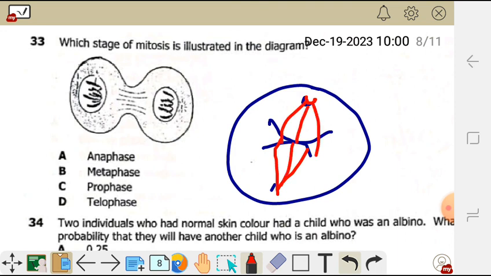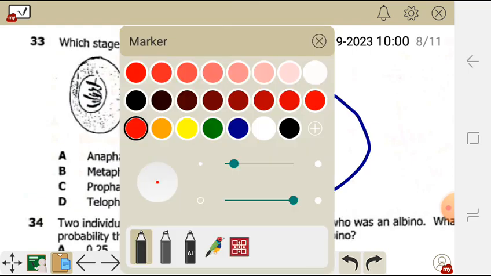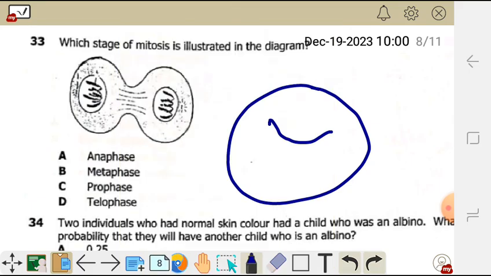Then after this process, we have the anaphase which is going to follow. So during anaphase, we are going to observe a structure like this, where now the chromosome has separated.